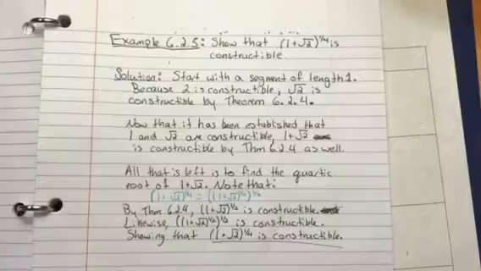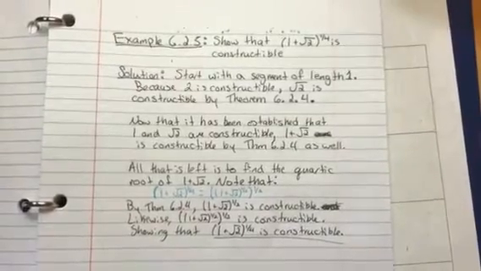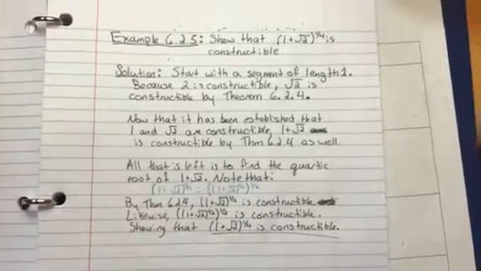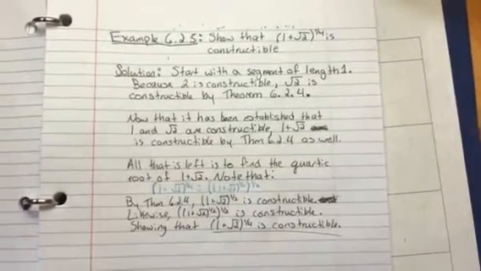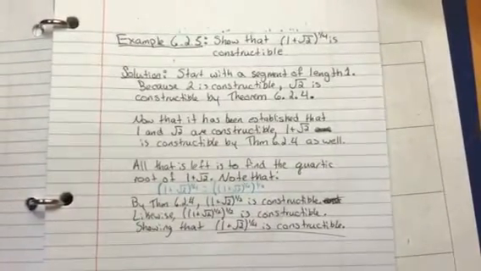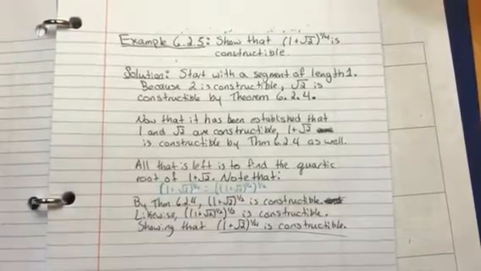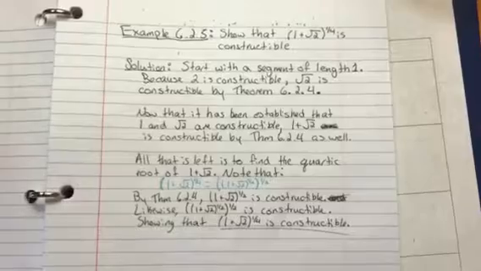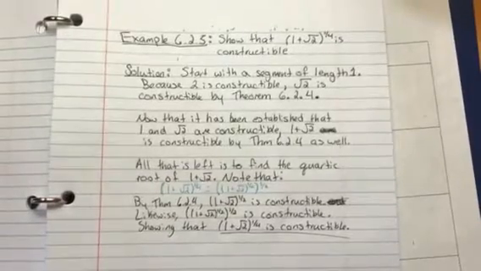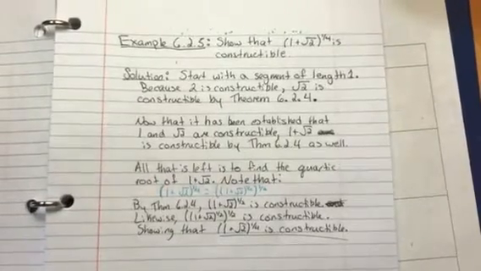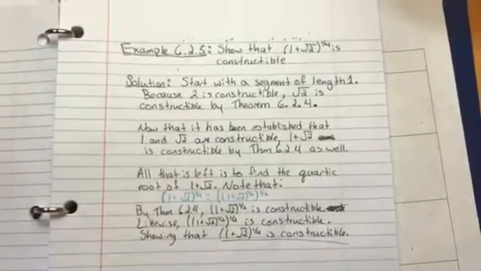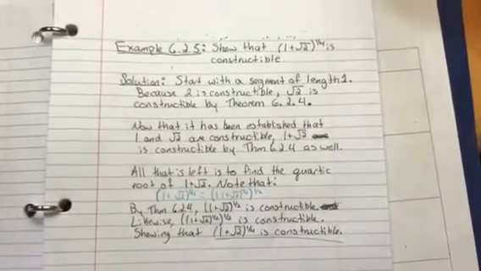So we have the inside of the parentheses. So now we just need that to the power of 1/4. So note that 1 plus the square root of 2 all to the 1/4 is equal to 1 plus the square root of 2 squared, and then to the power of 1/2, and then to the power of 1/2 again.